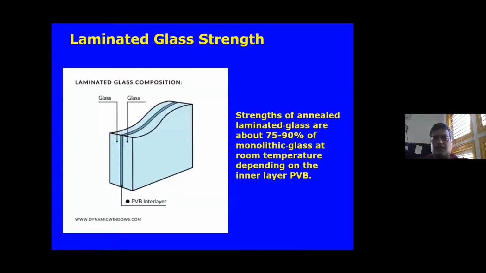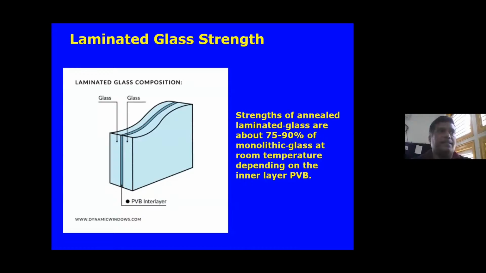The first and most important thing is if you were to use a laminated glass, the typical strength that you have to use as the thickness of the glass is only 75% to 90% of the thickness of a monolithic glass.